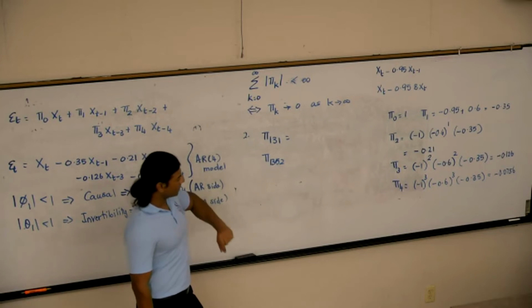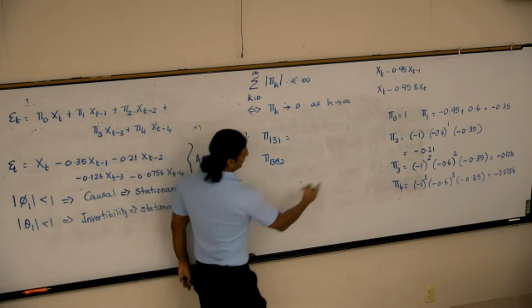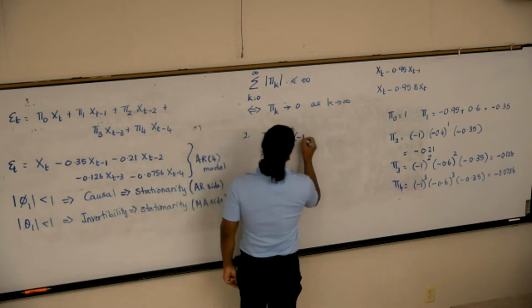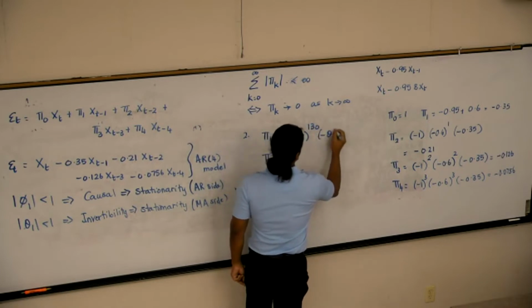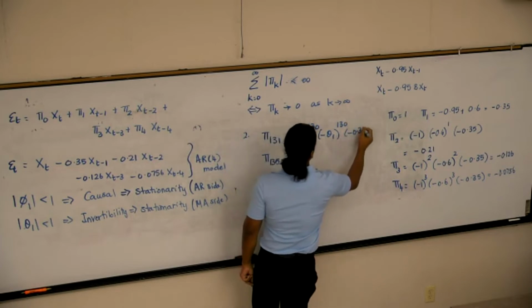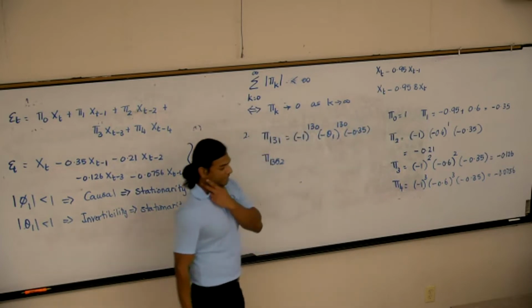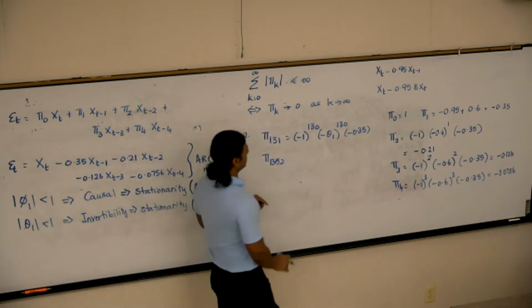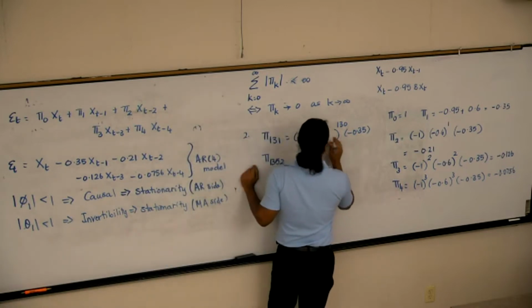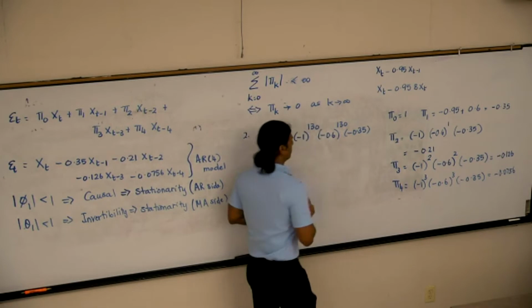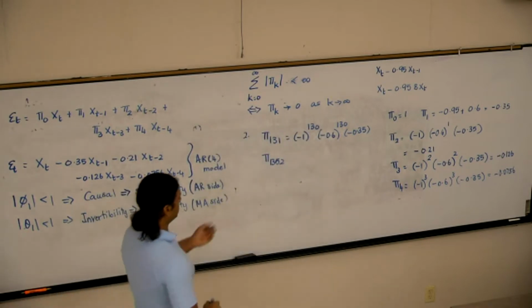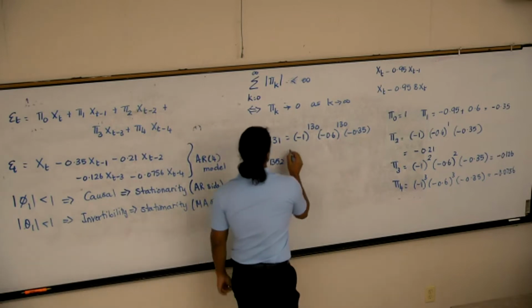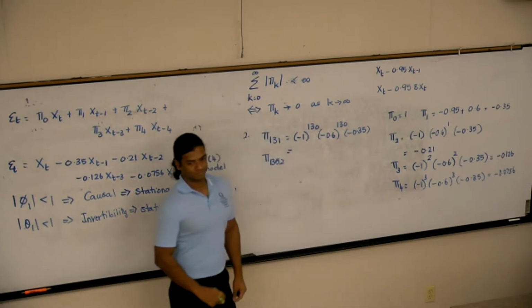Yes, pi 131. If you plug that in, you'd have negative 1 raised to 130 times minus theta 1 raised to 130 times minus 0.35. Theta 1 in our case is 0.6. And what is happening? What is that value? It will be really close to zero.